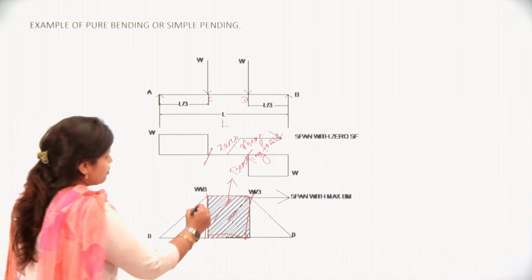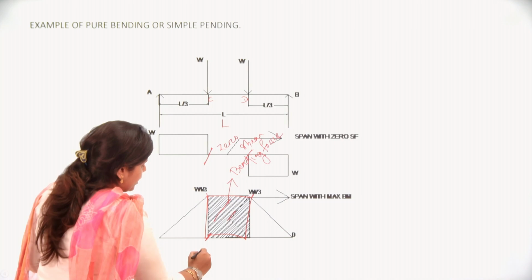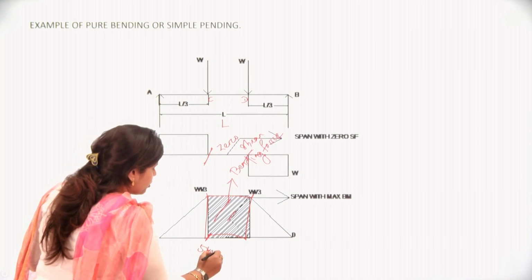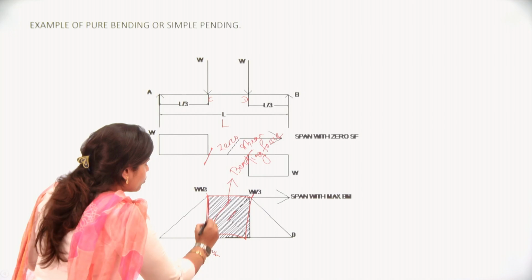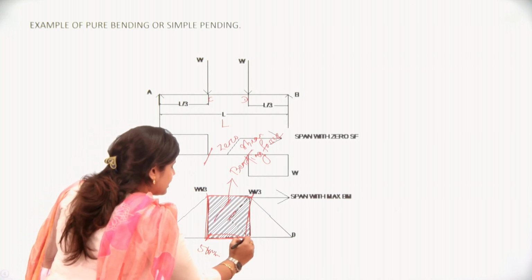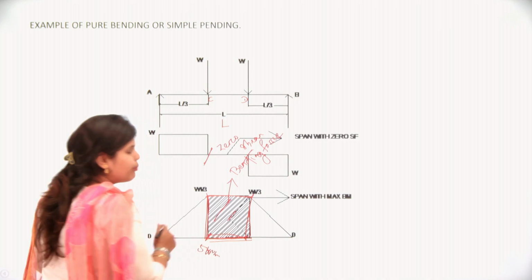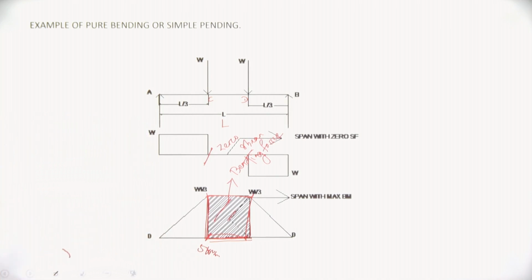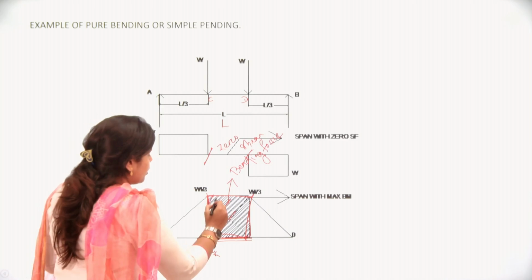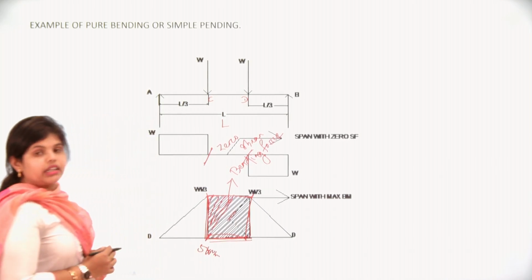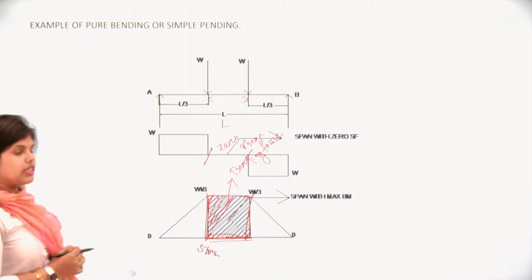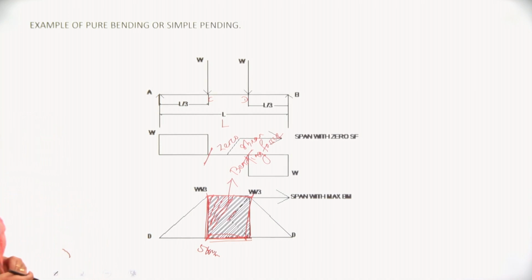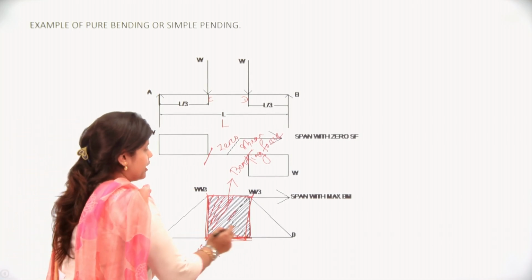In this diagram, if the bending moment is, say, 5 kilonewton meter, the whole length has the same bending moment. So if shear force is 0, the bending moment will remain maximum over the whole span.